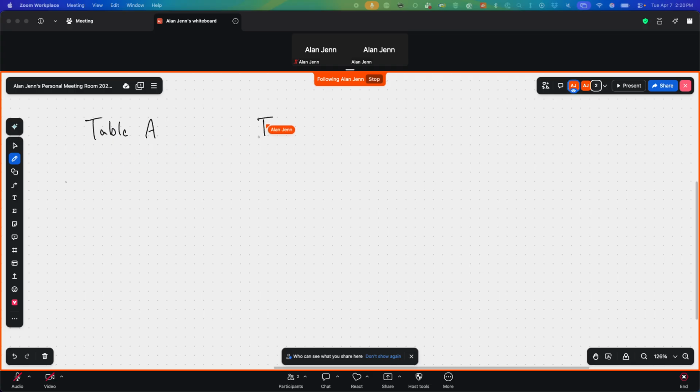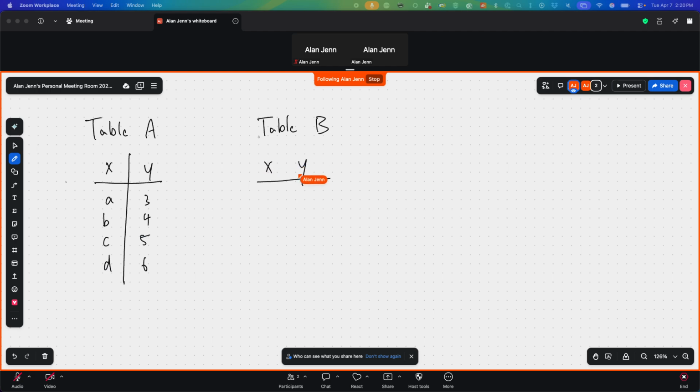And table B. Okay, let's say we have a column X and a column Y. And I'll have some values in here, A, B, C, D, 3, 4, 5, 6. And then in table B, let's say I also have columns X and Y, C, D, E, F, and we'll have values 7, 8, 9, 10.